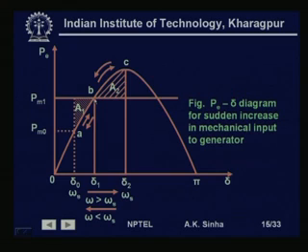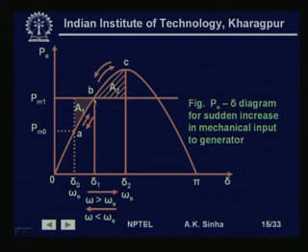When it reaches here, again P m and P e are equal, but the speed now has become subsynchronous, because from synchronous speed there is a deceleration which takes place, and here the speed is less than synchronous speed. So, again delta will keep on falling down, and as soon as it goes beyond this point A, we have P e less than P m.